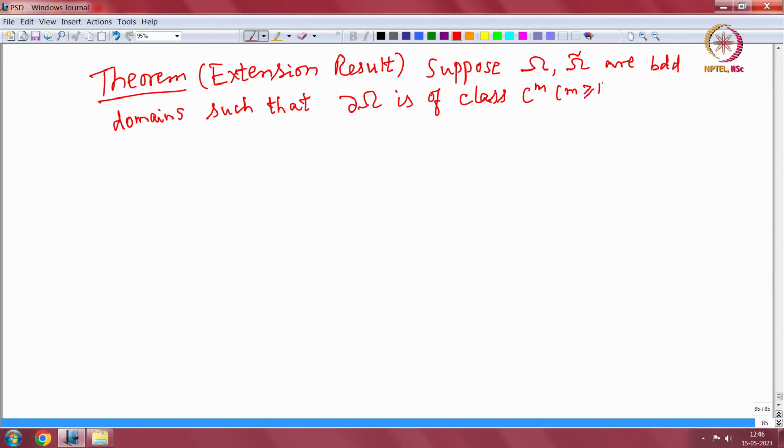So this means that this boundary del omega can be written as a finite union of simple pieces, and omega bar sits in omega tilde.